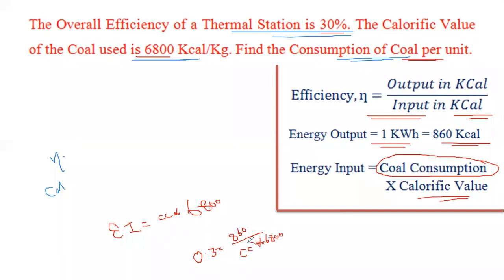Now we want to find the coal consumption by cross multiplication, that is 860 by 0.3 into 6800. Now we are simplifying this equation, and we get the coal consumption per unit. We want to generate one unit, and find how much is required.